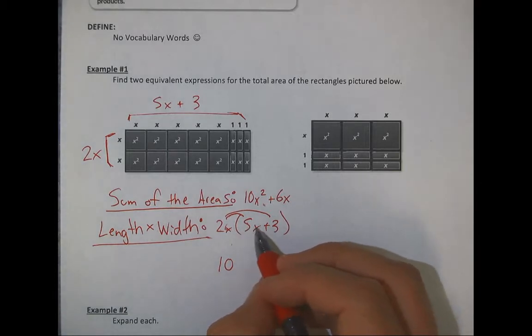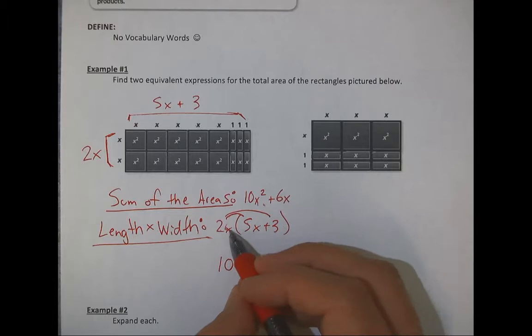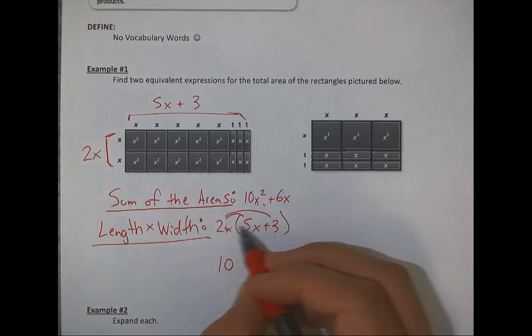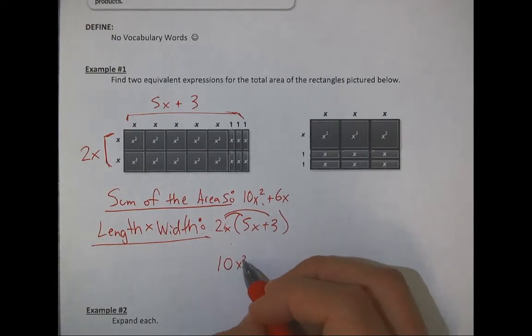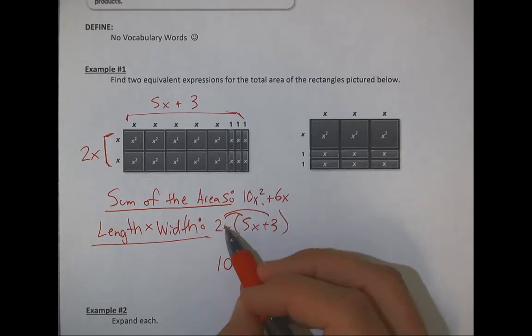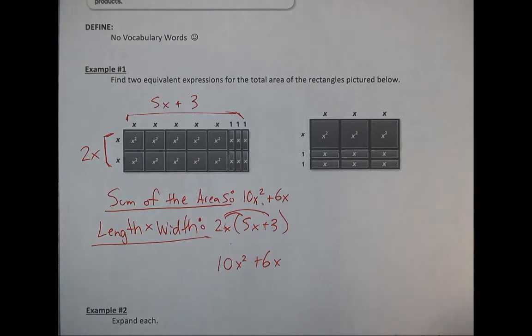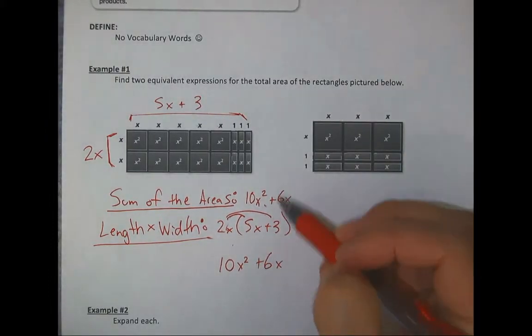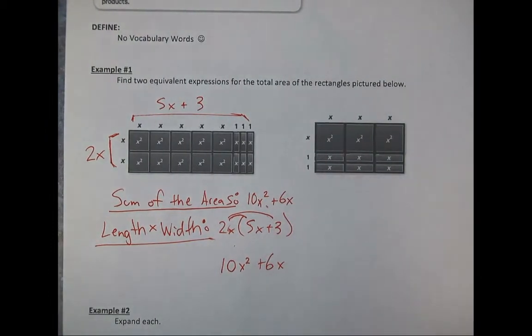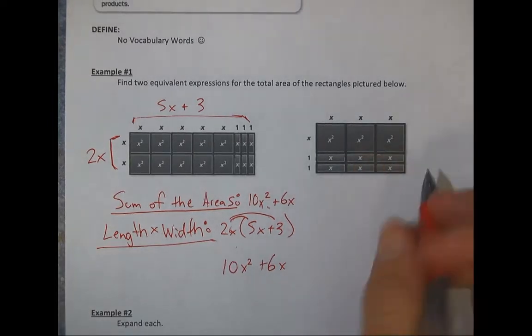And then think about the x's. When we multiply, the product property says you add the exponents: x to the first times x to the first is x squared. So here's that piece. And 2x times 3 is 6x. So we expressed it differently, but they're equivalent. We just proved that they're equivalent. So let's try it again here on the second one.